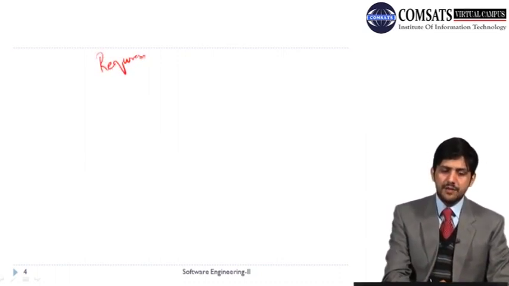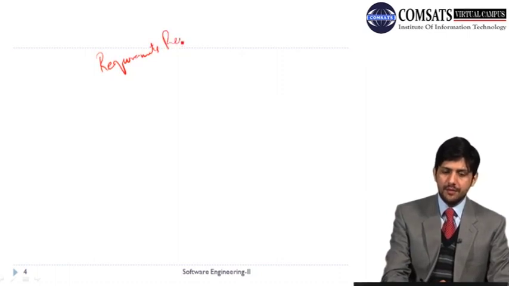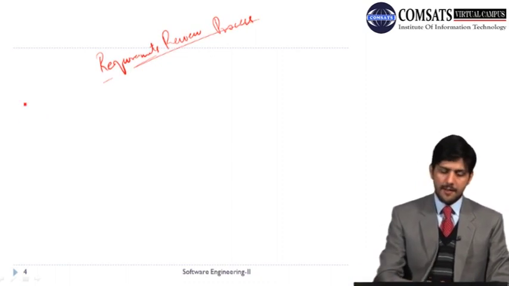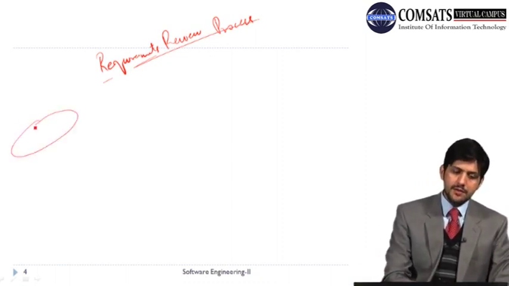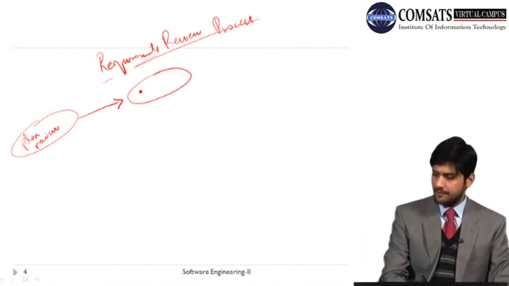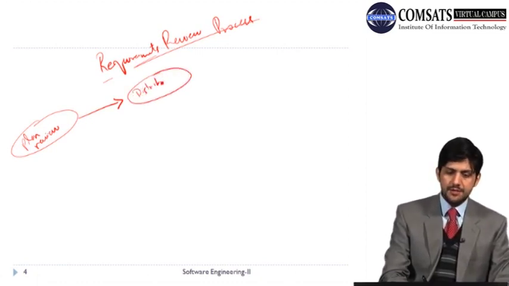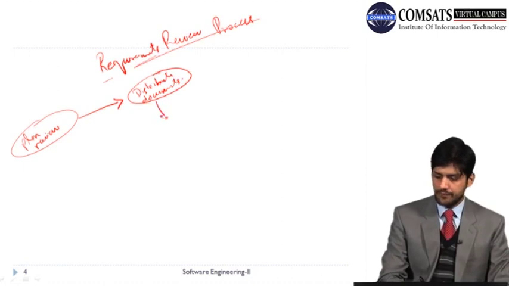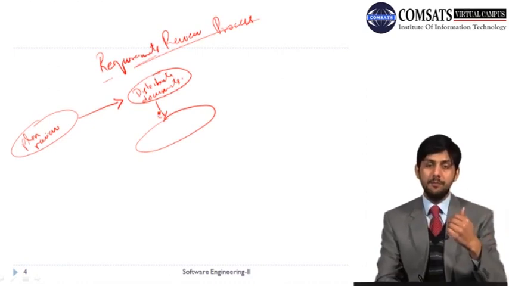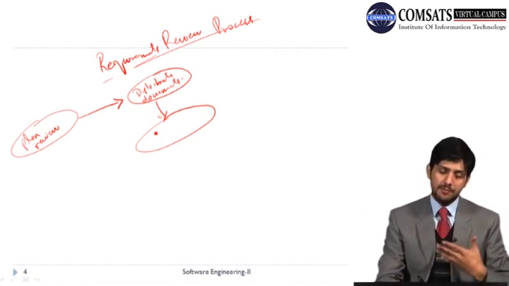So we have a process within validation which we call the requirements review process. It consists of a group of activities. We plan a review. Then we distribute all the documents. The document that is distributed to the different team members who are part of this review team, they have to prepare for the review.